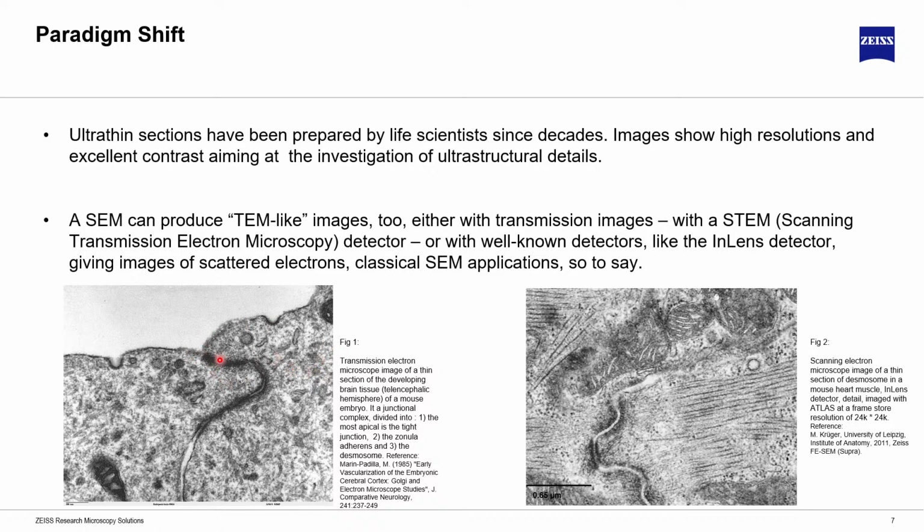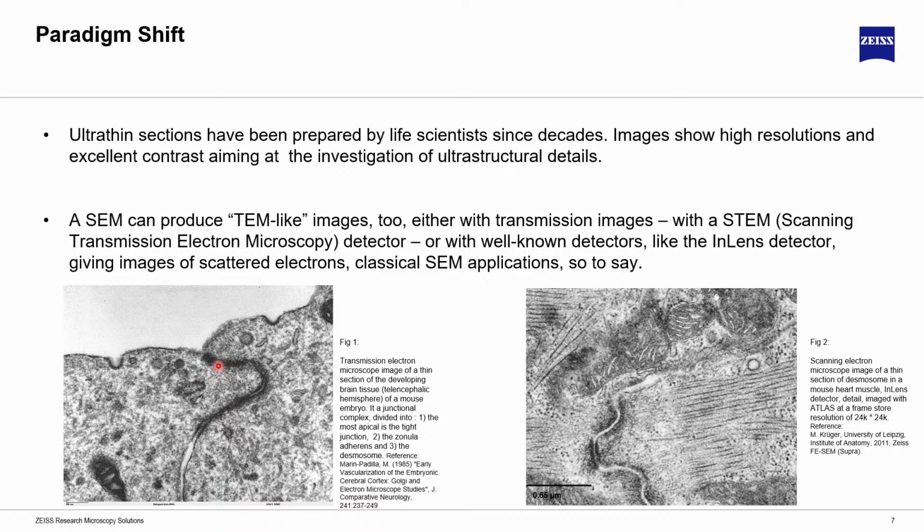This is a typical image from a transmission electron microscope from brain tissue. And here you can see some mouse embryo samples and zonula adherens. That is the typical structure that you are looking for, or that many other scientists are looking for.